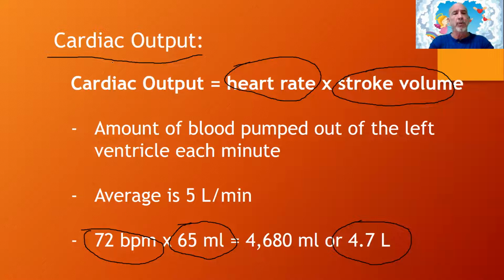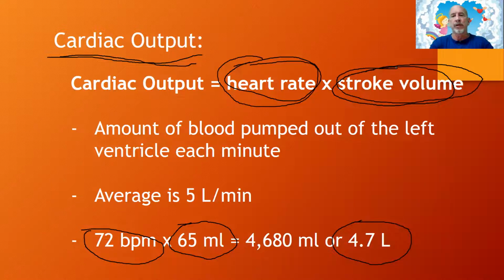The reason this is important is if somebody's cardiac output is low and they're getting lightheaded and dizzy all the time and they're short of breath, we need to figure out, is it their heart rate that we're having trouble with? Or is it the amount of blood that they're pumping that we're having trouble with? The heart rate you figure out just by doing a pulse.